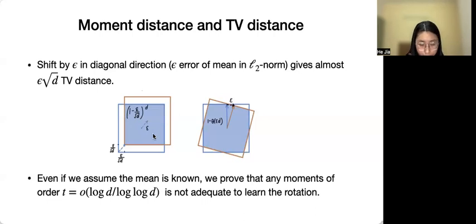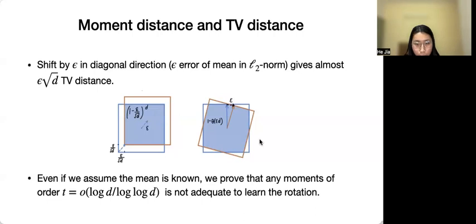There is no dimension, there is no d, but the TV distance has a dependence on d. So this means that even if we can perfectly learn all the higher moments, a small error in the first moment, the mean, can make the TV distance very large.